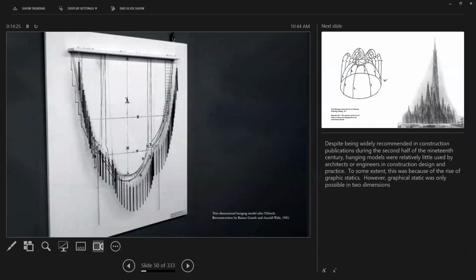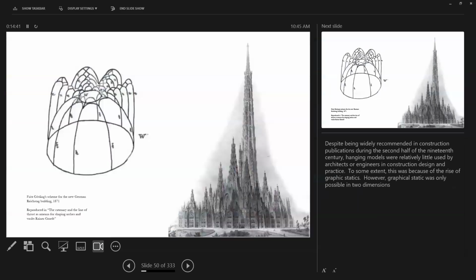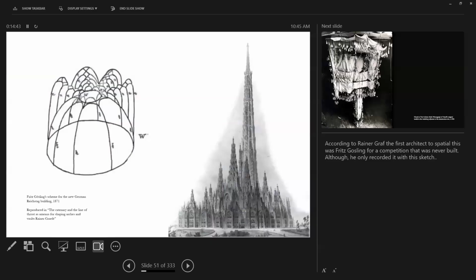So they were often advocated for in structural analysis textbooks as a way to, after the fact, follow the load paths in your model. But they were these 2D after-the-fact analytical things. And then the first person I think who made a 3D one was for this incomplete competition, this man Fritz Gosling, and he only made a little sketch of it.